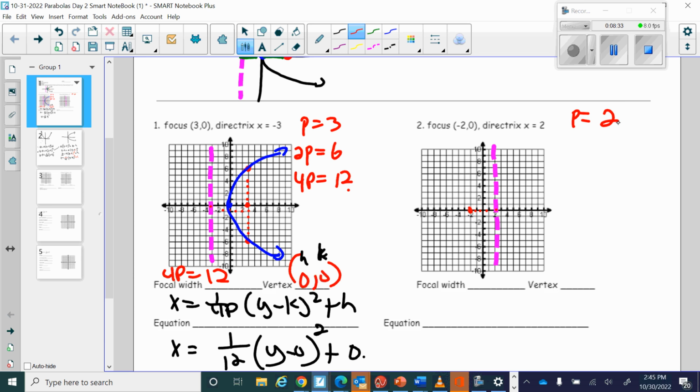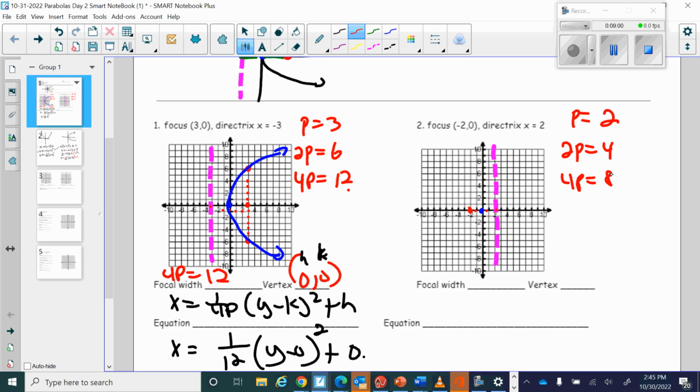And so my vertex is going to be right here in the center. And so let's do 2p now. 2p is going to equal 4, and 4p is going to equal 8.